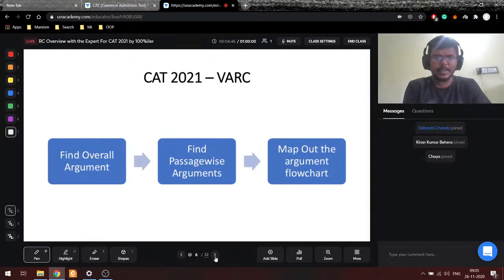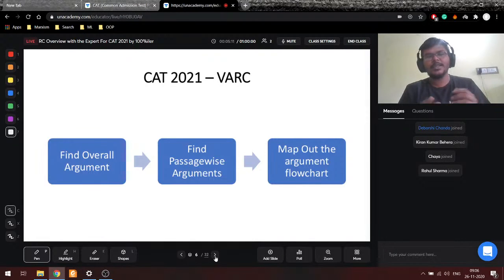So this is the general solving strategy for the VRC section. You have to find the overall argument, the broader point that is being made through the passage. Then you structure not just passage-wise arguments. Passages can be in multiple orders, however there is an argument flow in the passage.